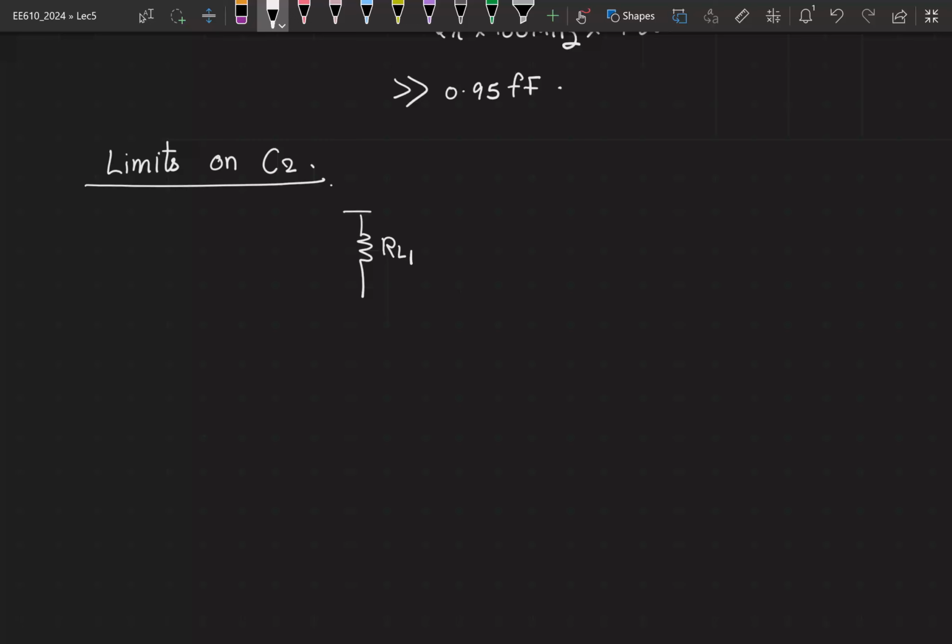So you have RL1, C2, RL. Again, we are interested in the incremental circuit. So during the small signal fluctuations, we do not want to see any voltage appearing across C2. Right? We want it to be completely zero.